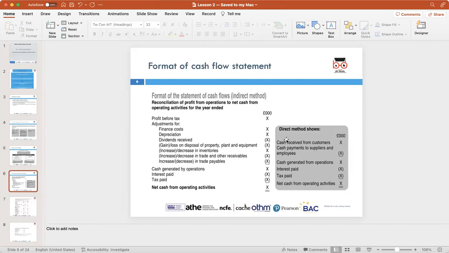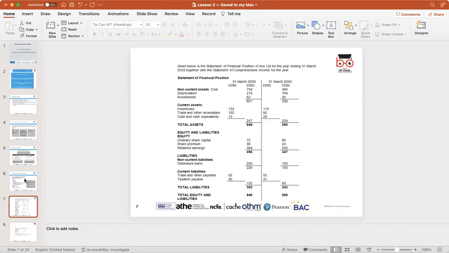The direct method shows cash received from customers, cash payments to suppliers and employees, cash generated from operations, interest paid, tax paid, net cash from operating activities. Any questions so far?